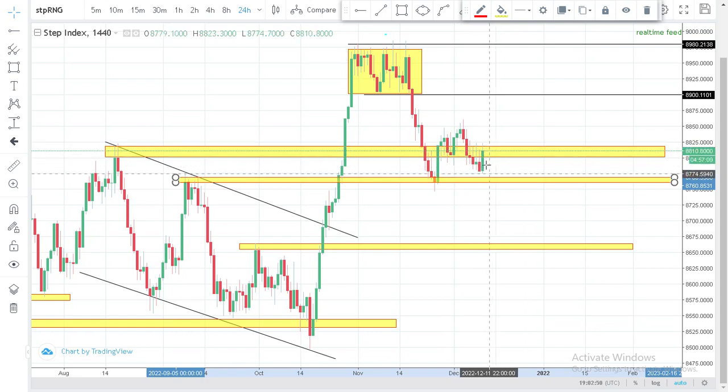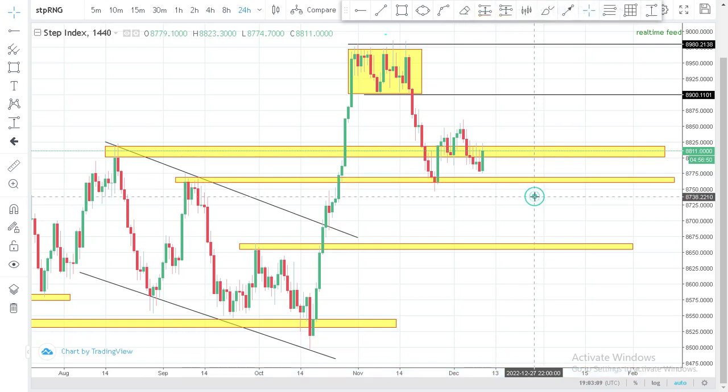So now we are going to break, and this will be my first target. If I happen to enter here on this resistance level, this will be my first target, then a second target. So first TP, second TP. That's what I'm expecting, a drop.